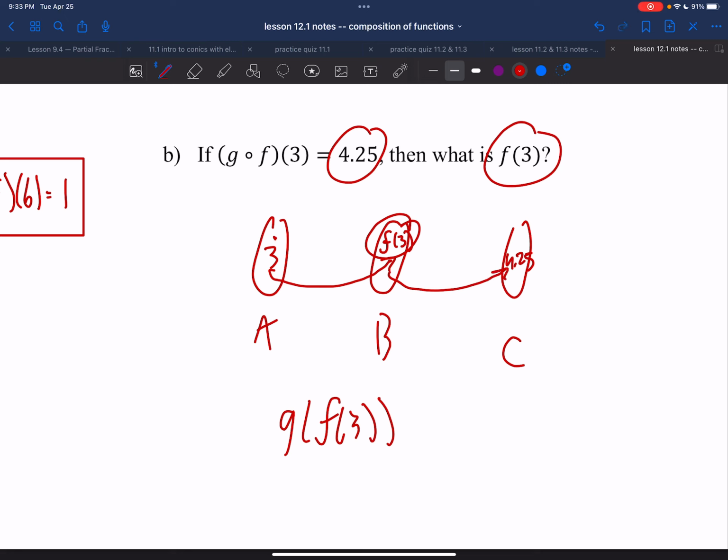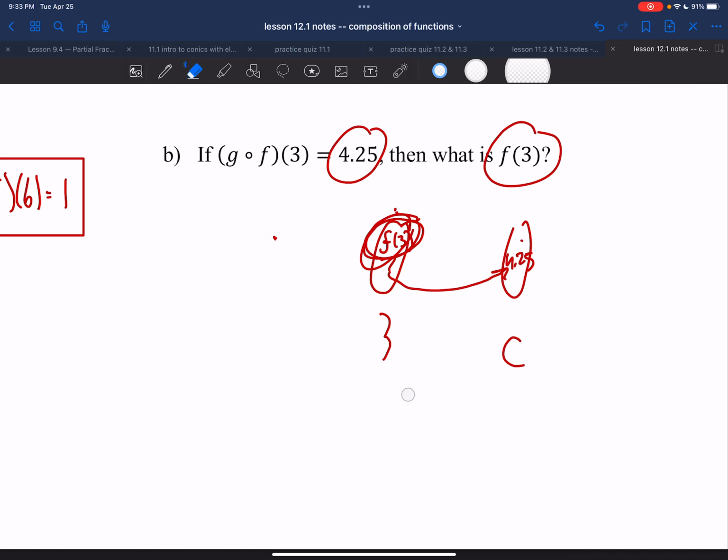So the question is, what's that middle number, right? What's the output f of 3? Or in other words, what's the input into g that guarantees 4.25?